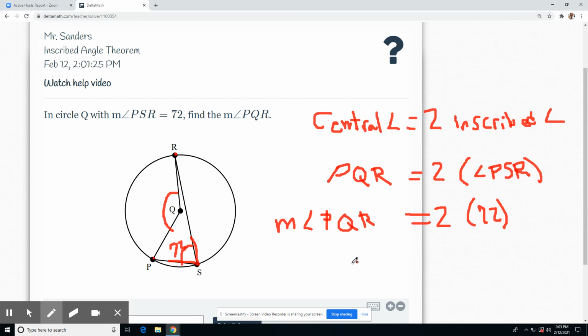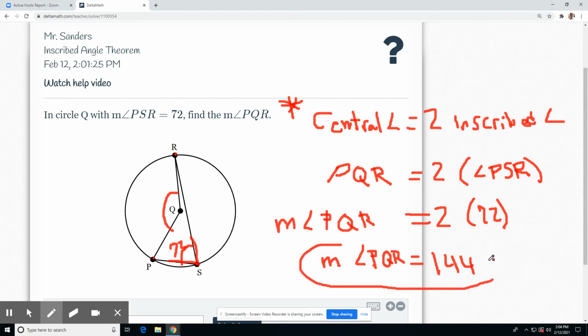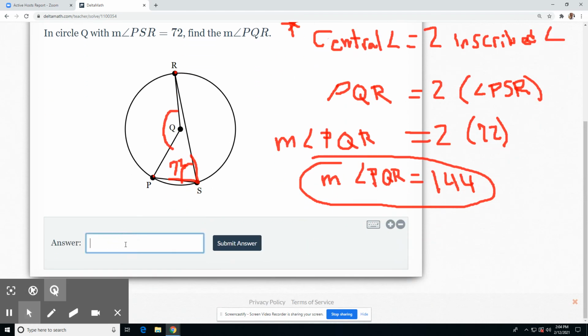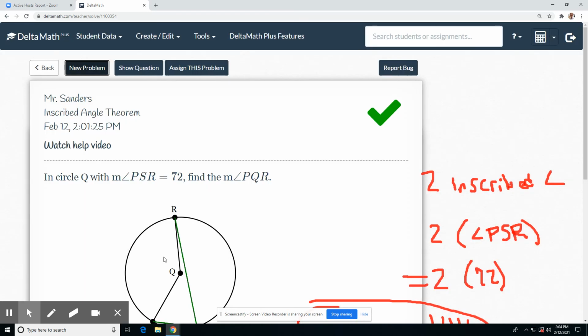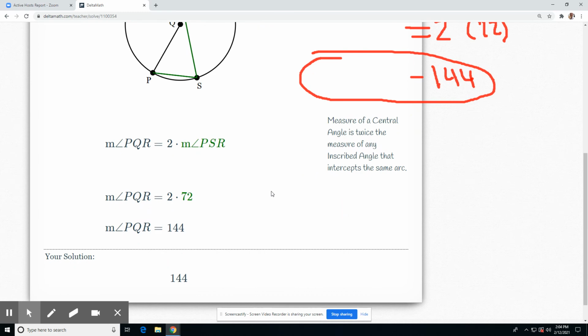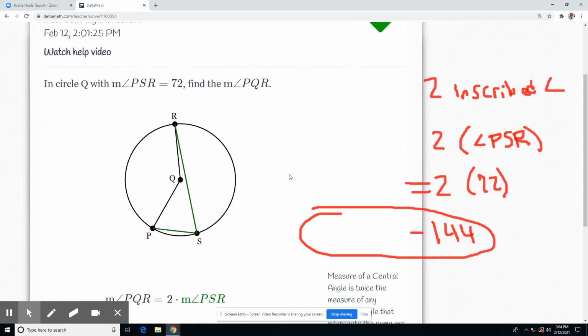Then we just multiply this out. So the measure of angle PQR is equal to 144. The key is I always encourage you to write the formula out to help you practice it, make sure you can identify which one is which, plug the numbers in and solve for whichever value you're going for. 144. And there we go. It's just the definition of inscribed and central and using the formula.